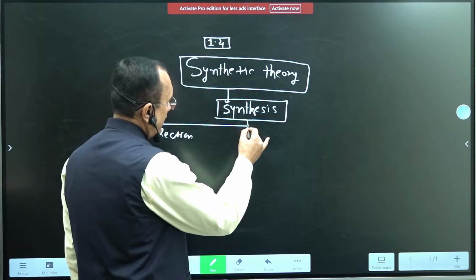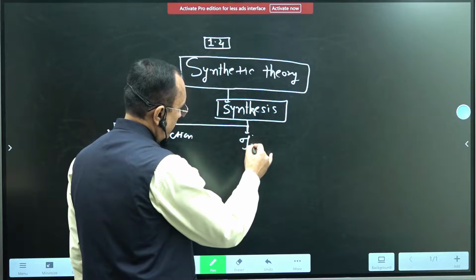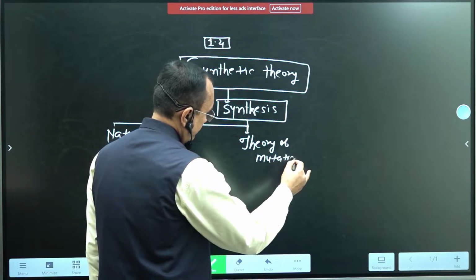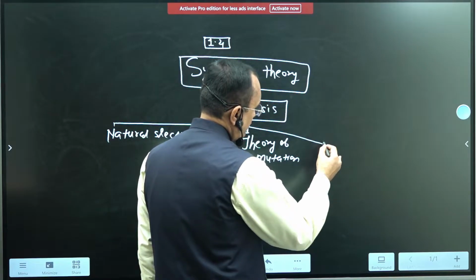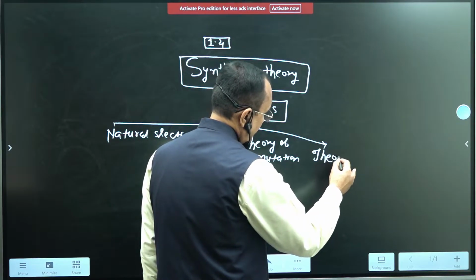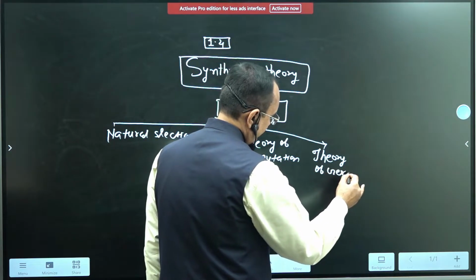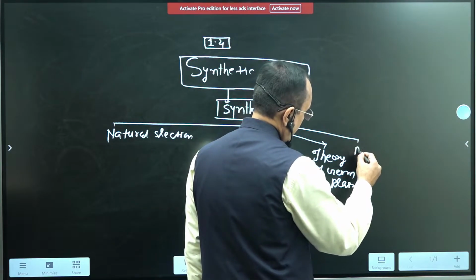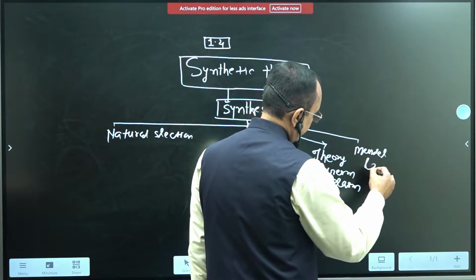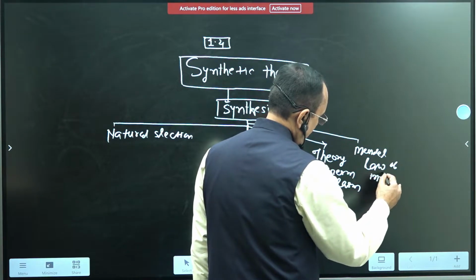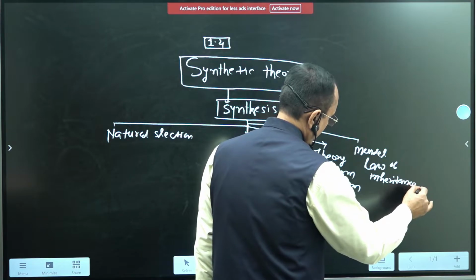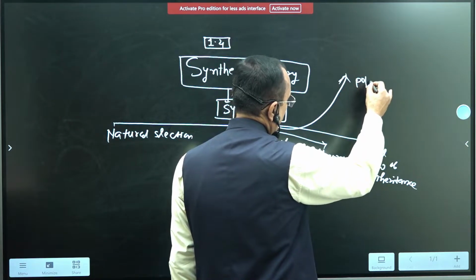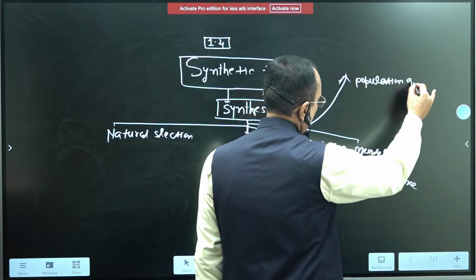It is a synthesis of the theory of mutation, it is a synthesis of the theory of germplasm, it is a synthesis of Mendel's law of inheritance, and it is a synthesis of various theories related to population genetics.